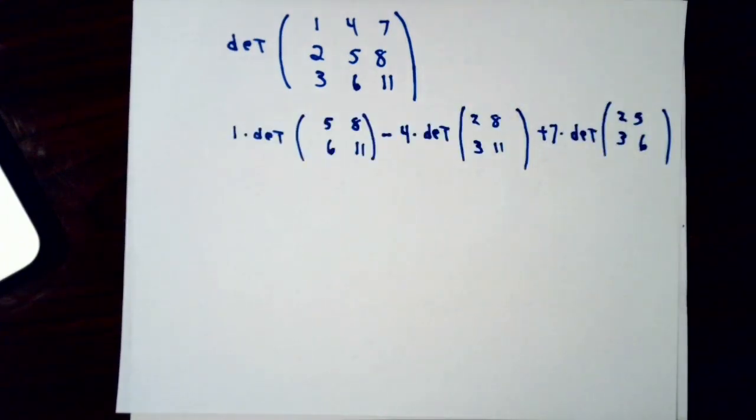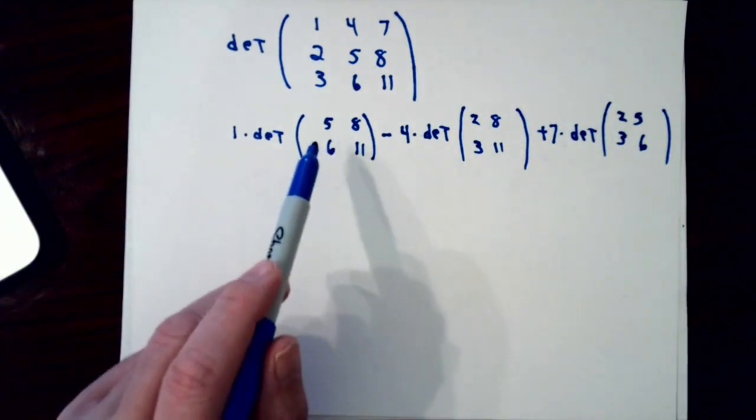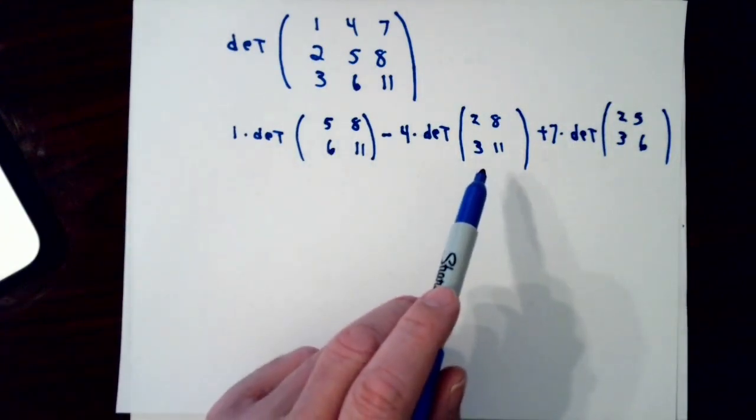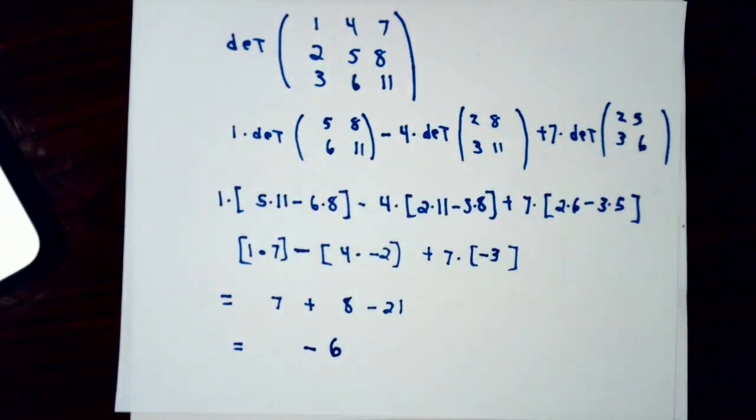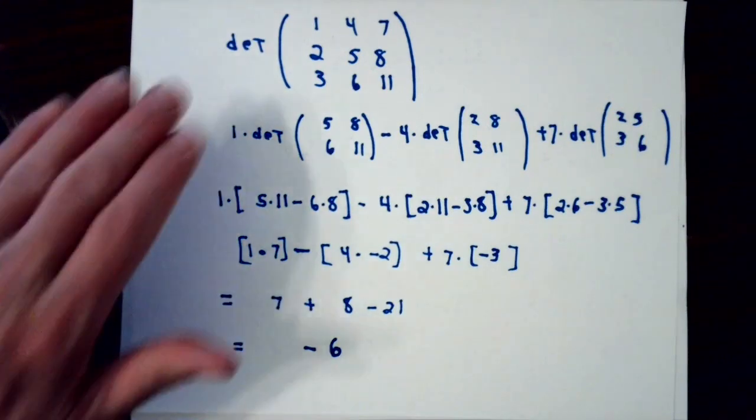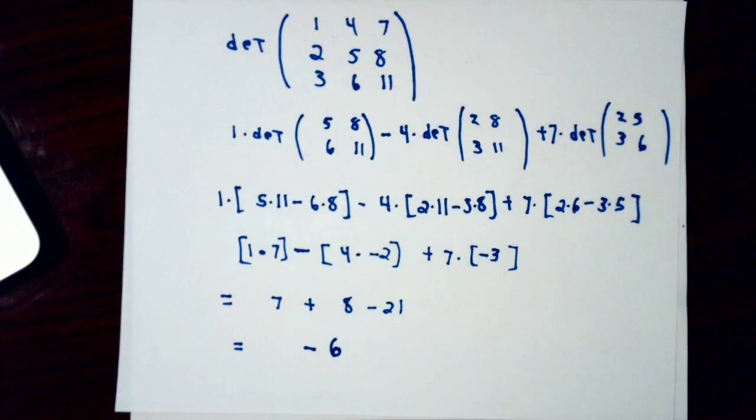Being sure not to forget, I write that one down, I subtract the next one, and then I add the next one after that, multiplying by the 1, 4, and 7, of course. And then evaluating the smaller determinants as indicated, assuming that I haven't made any arithmetic mistakes, the determinant of our 3 by 3 matrix is -6.